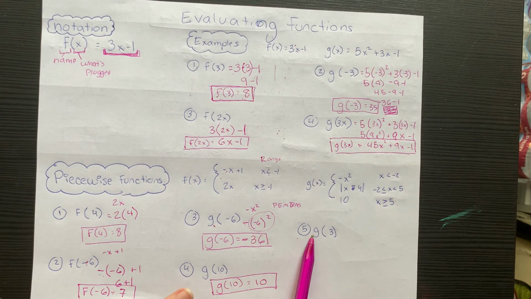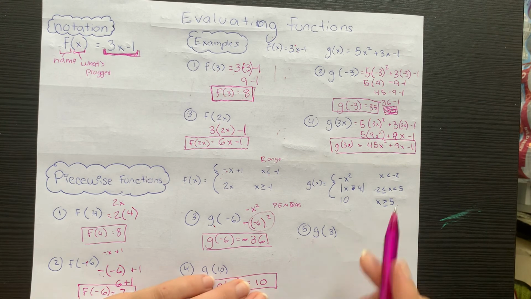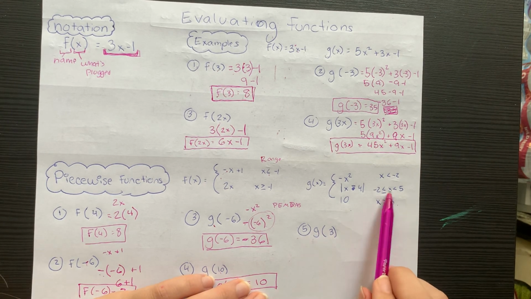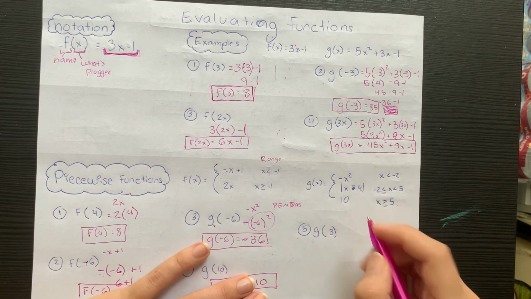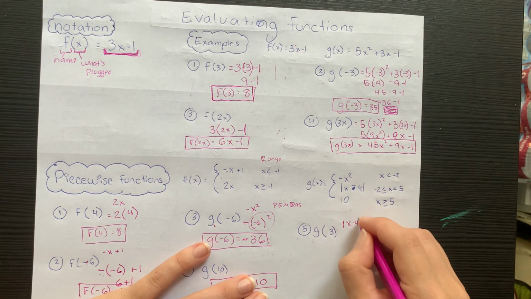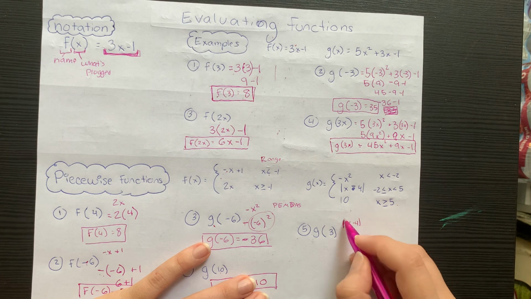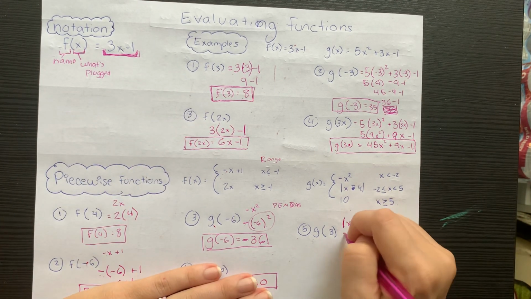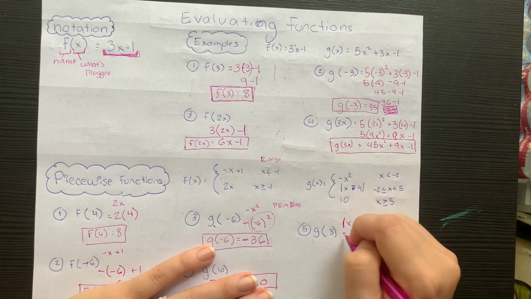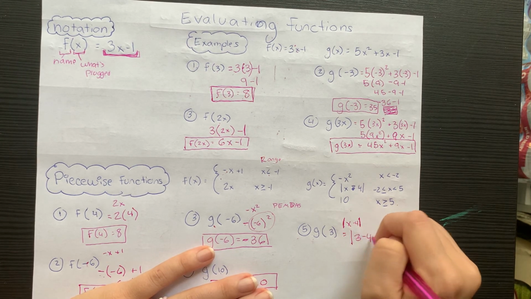Number 5, we've got g of 3. G of 3 would go in the middle. It's between -2 and 5. So we're going to use this equation. A reminder, these are absolute value symbols when you have those straight lines. G of 3, we're going to have the absolute value of 3 minus 4.